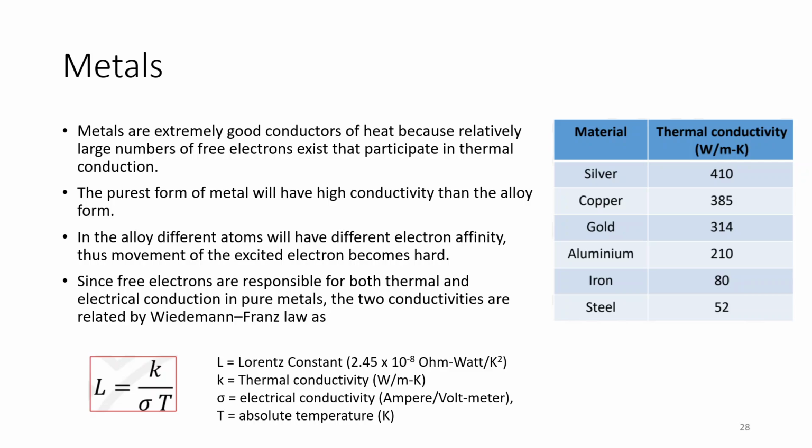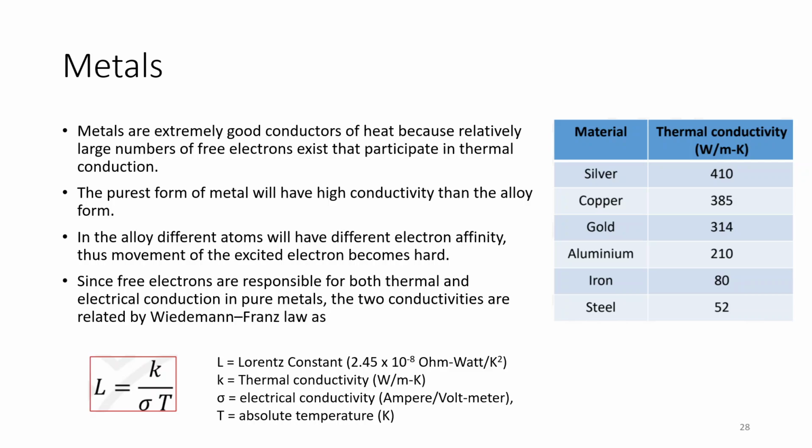Metals are extremely good conductors of heat because a relatively large number of free electrons exist that participate in thermal conduction. The purest form of metal will have high conductivity compared to alloy form, and in the alloy different atoms will have different electron affinity, thus movement of the excited electrons becomes difficult.